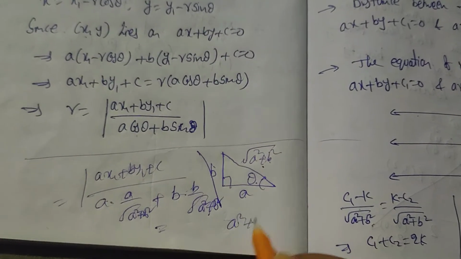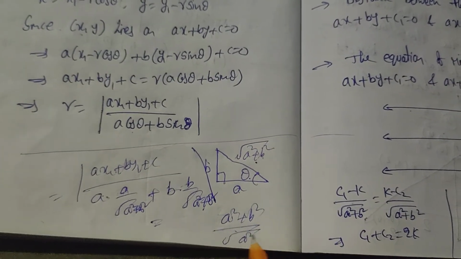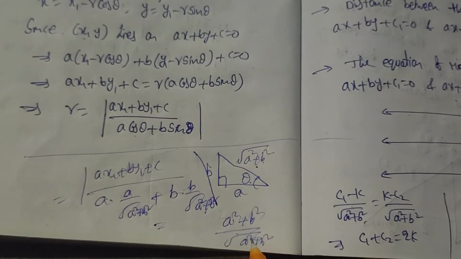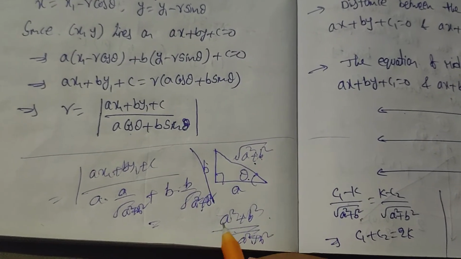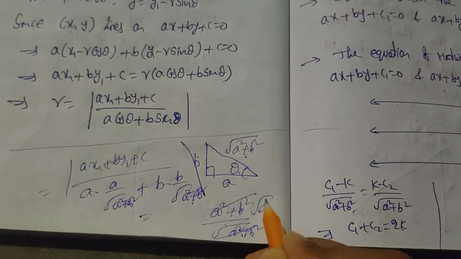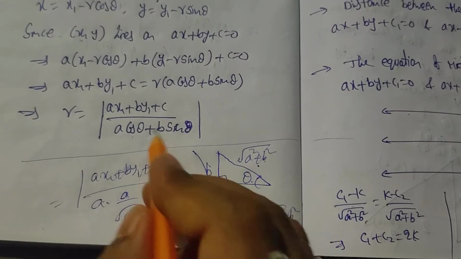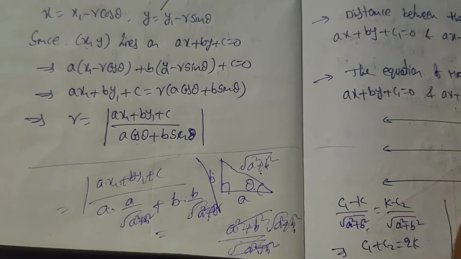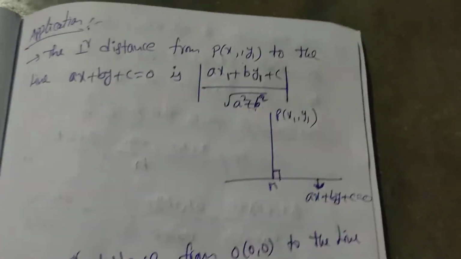In total the denominator has a square plus b square by root over a square plus b square. This is x by root x, which is nothing but root x only. That means it becomes root over a square plus b square. So a cos theta plus b sin theta becomes root over a square plus b square. That is the perpendicular distance formula.